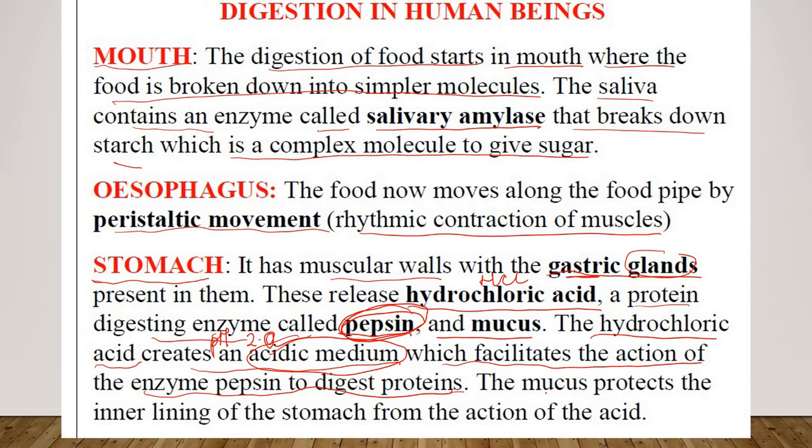And the mucus protects the inner lining of the stomach from the action of acid. Acid is very harmful, so the mucus is there to protect the lining of the stomach.